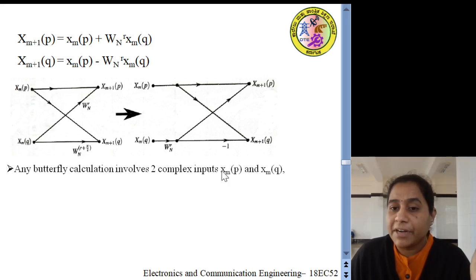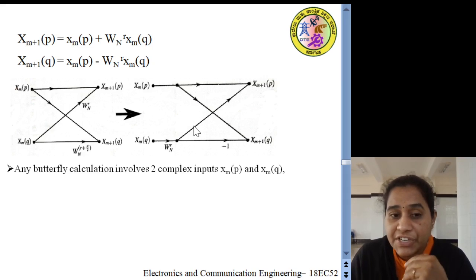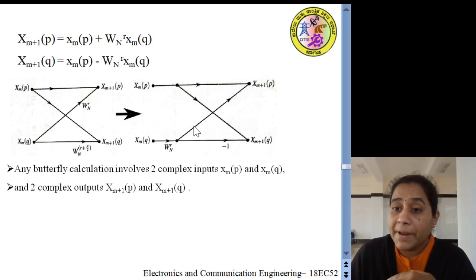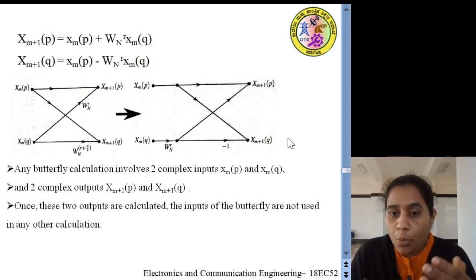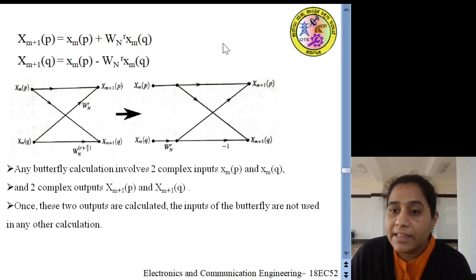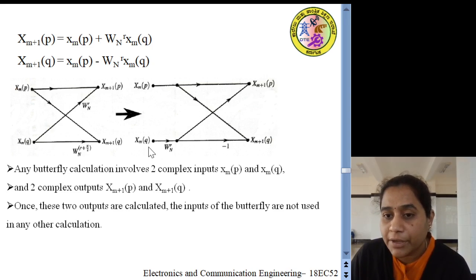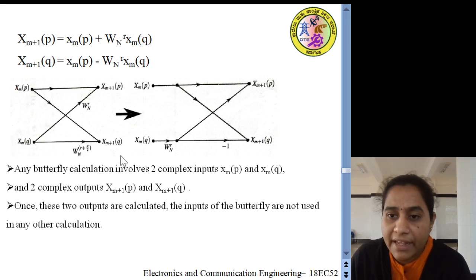If we consider any butterfly calculation, it involves two complex inputs and two complex outputs. Obviously, because of these two complex input values, we obtain these two complex outputs. Once these outputs x_(m+1) of p and x_(m+1) of q are calculated, the inputs x_m of p and x_m of q of the butterfly are not used in any other calculation, so further we will not require these values.